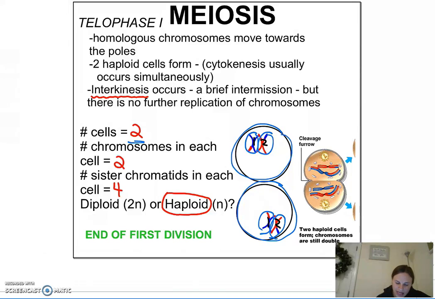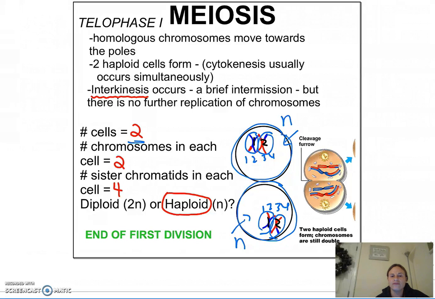Those chromosomes have 4 sister chromatids, 1, 2, 3, 4, 1, 2, 3, 4. But now I only have n number of chromosomes. I have the haploid number of chromosomes in each one of those cells. So this is the end of the first division.